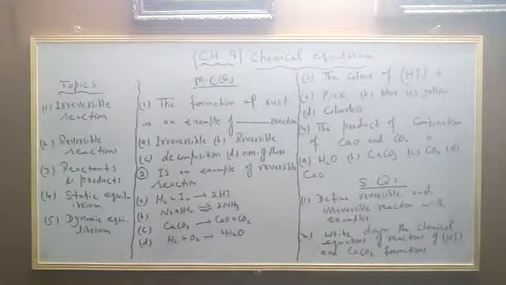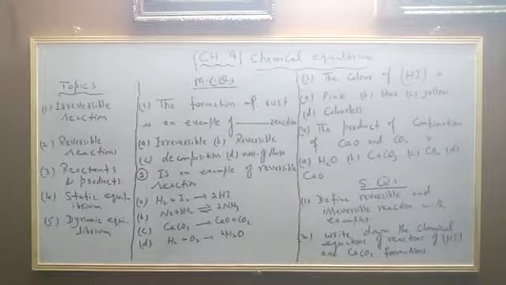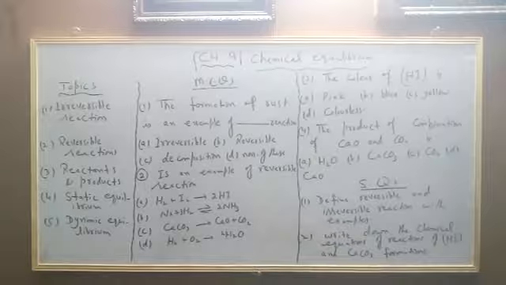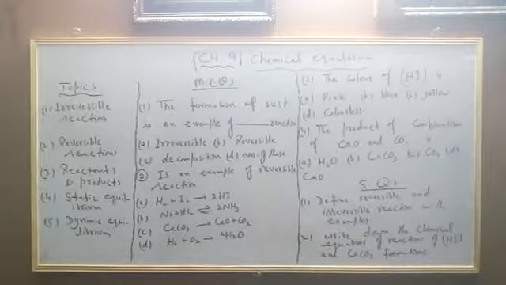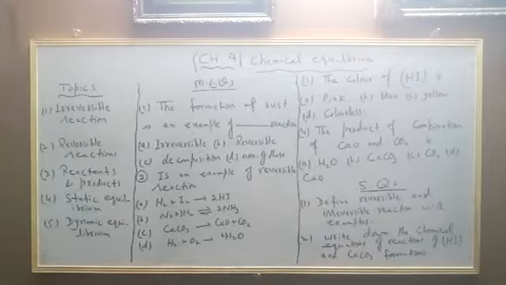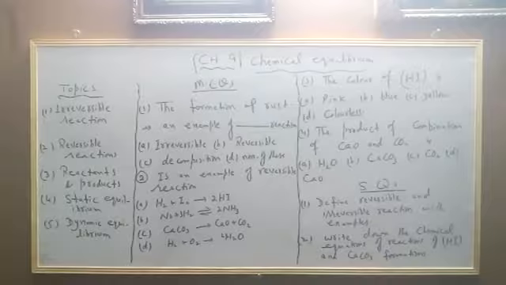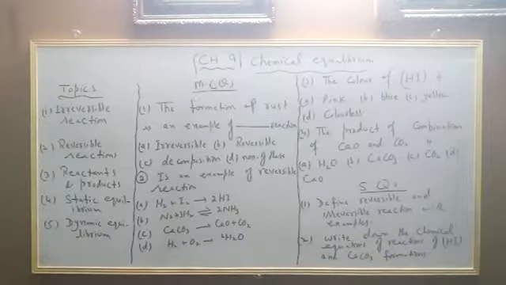Number 3: the color of hydrogen iodide HI is, A, pink; B, blue; C, yellow; D, colorless.